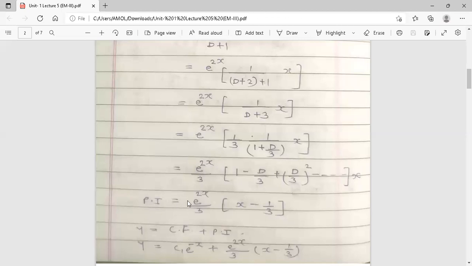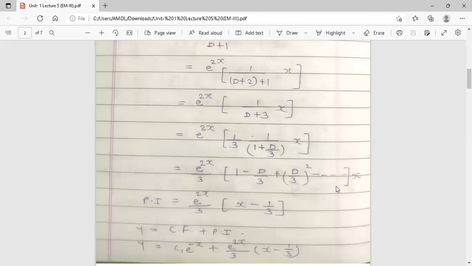So the next step is, the particular integral is equal to e raised to 2x by 3 as it is. In the bracket, you count the terms up to d, which means you consider only the first two terms, 1 minus d by 3, because from the third term onward you are getting 0. D square by 9, that is d by 3 whole square, means d square by 9. D square means the second derivative of x, and it is 0. The third derivative is 0. So you count only the first two terms.